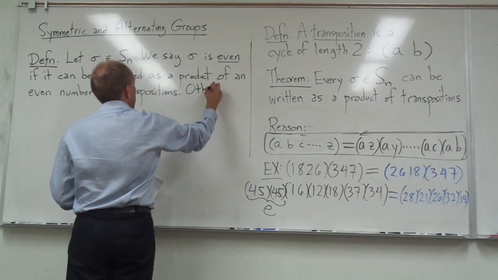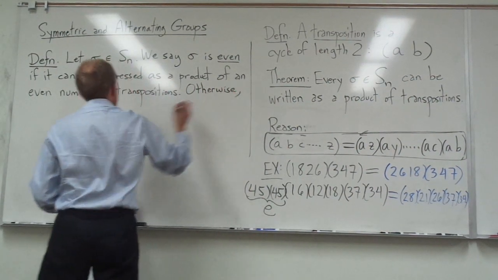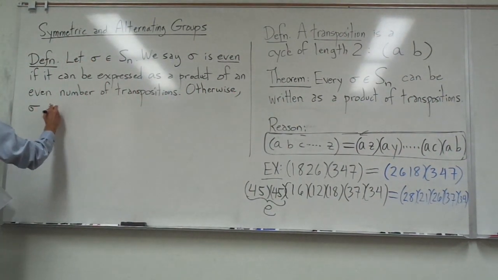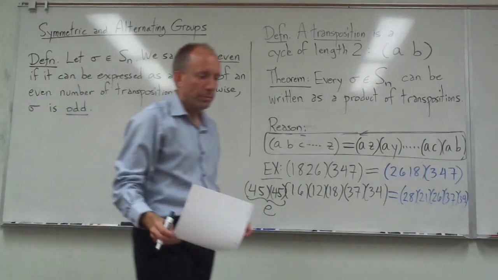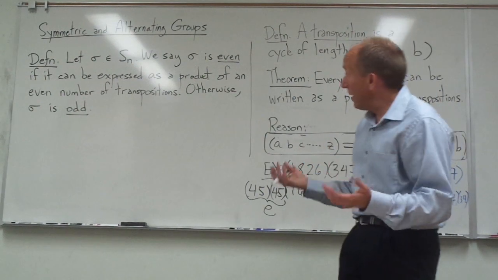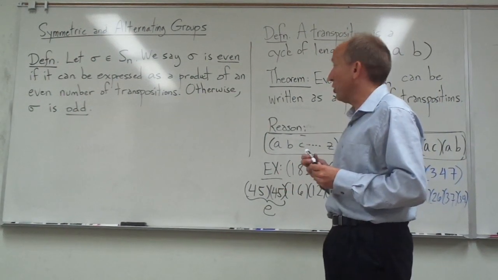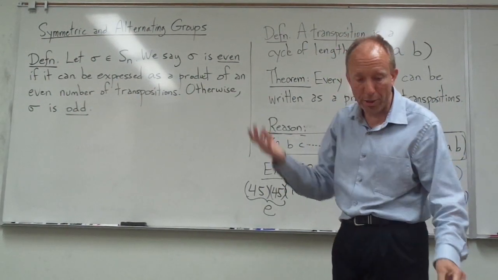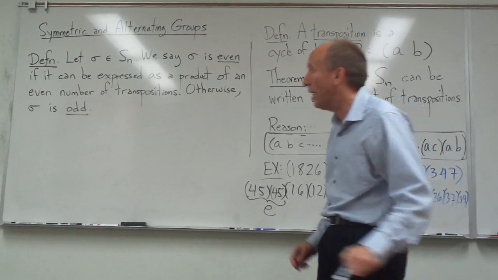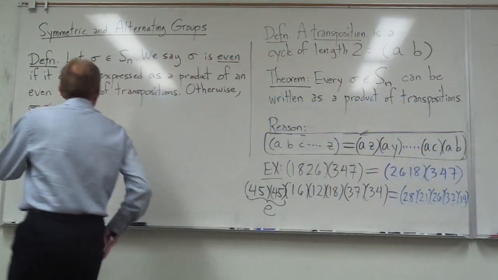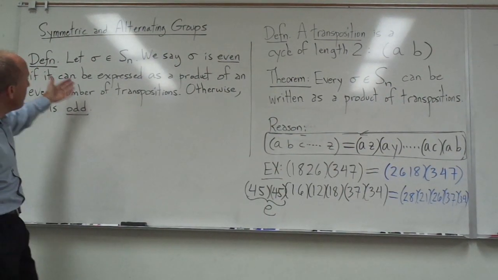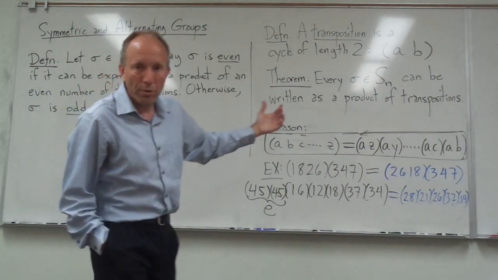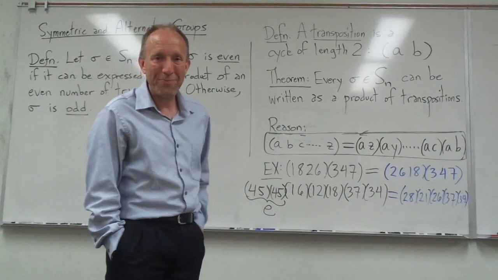Otherwise, sigma is odd. Well, that right there tells you that every permutation is either even or odd, depending on whether you're expressing sigma as a product of an even number of transpositions or an odd number of transpositions. Okay.